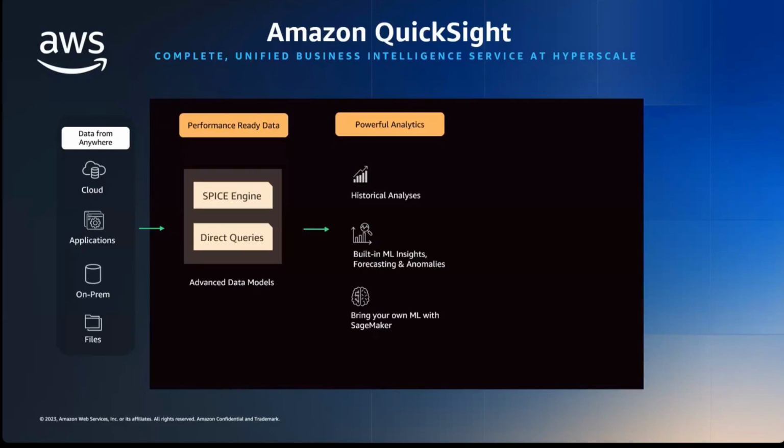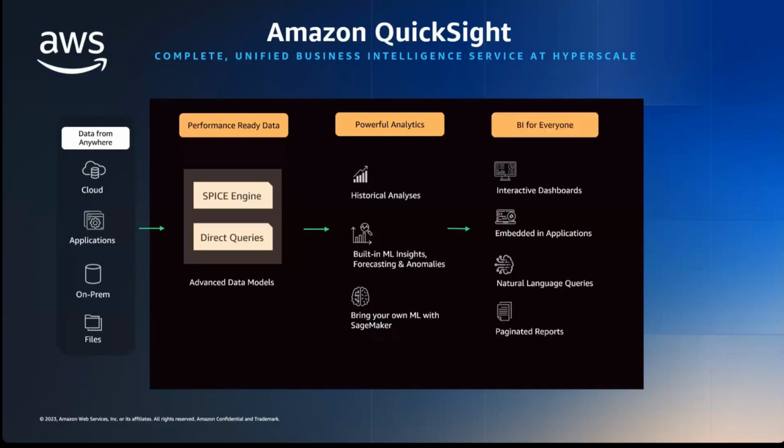QuickSight's analytics layer enables historical analysis, automated built-in ML insights, forecasting and anomaly detection, and even SageMaker integration to bring your own ML models, all in an intuitive, easy-to-use UI-based workflow. These insights can then be delivered to everyone in multiple ways, right? From interactive dashboards, embedding in apps and websites, the natural language, or what we call QuickSight Q, paginated reports, to meet all your BI needs across different use cases.